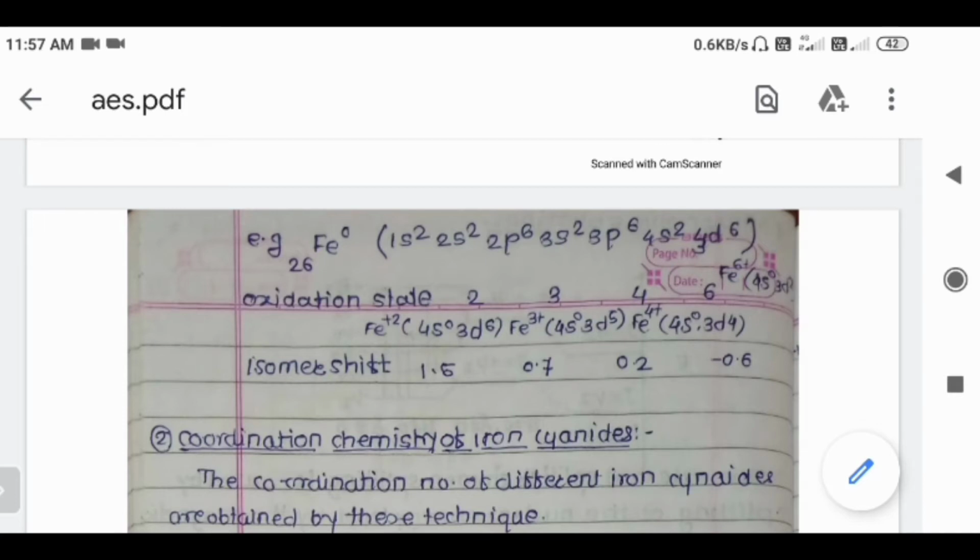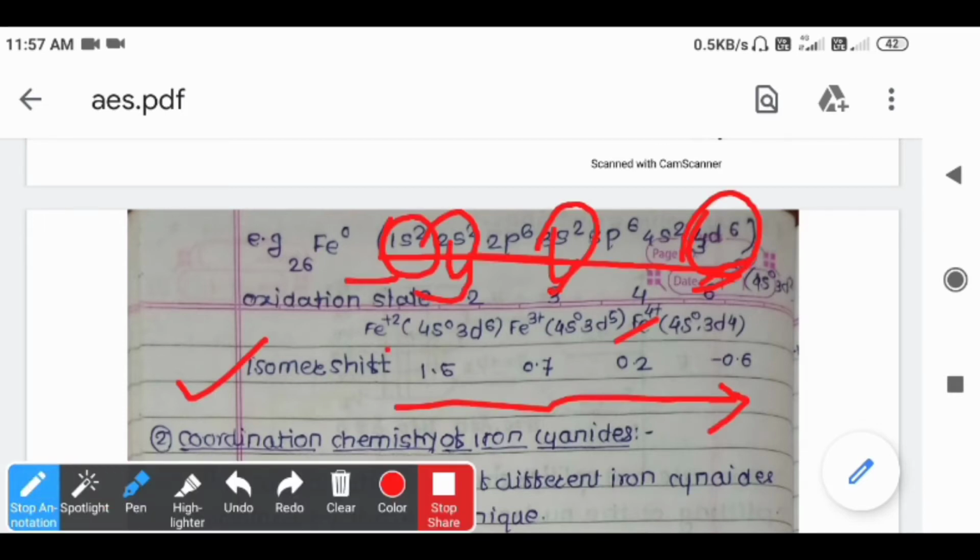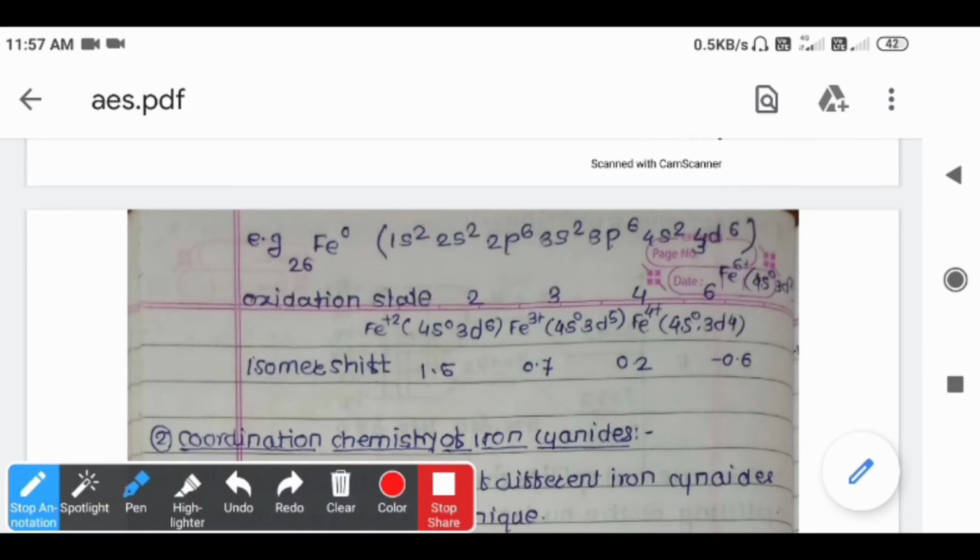As we can see, the isomer shift goes from +1.5 to +0.7 to +0.2, and last to -0.6. So we are shifting more towards the minus side.